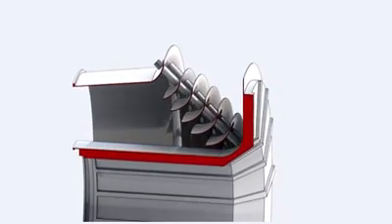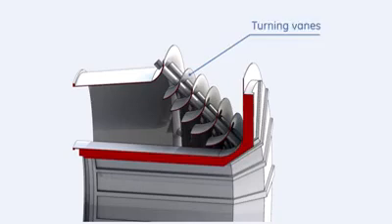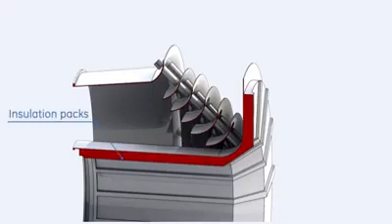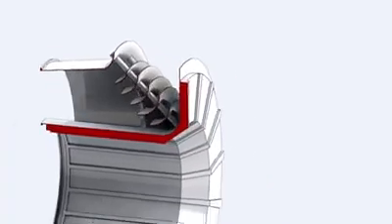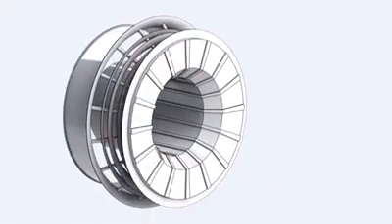At the aft end of the diffuser, 5 turning vanes direct gases from the axial to the radial direction into the exhaust plenum. The inner side of the inner cylinder is isolated by insulation packs to reduce the heat transferred to the load coupling tunnel and to the bearing number 3 area.